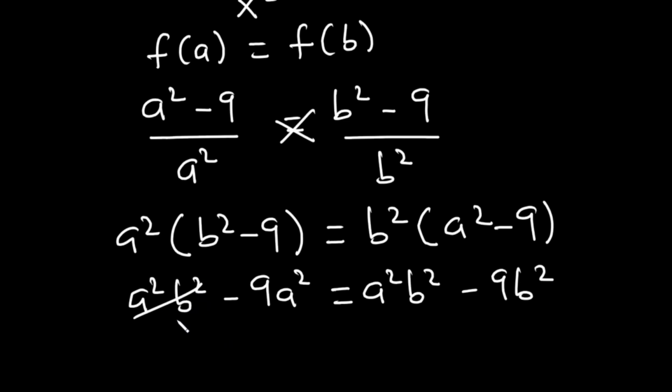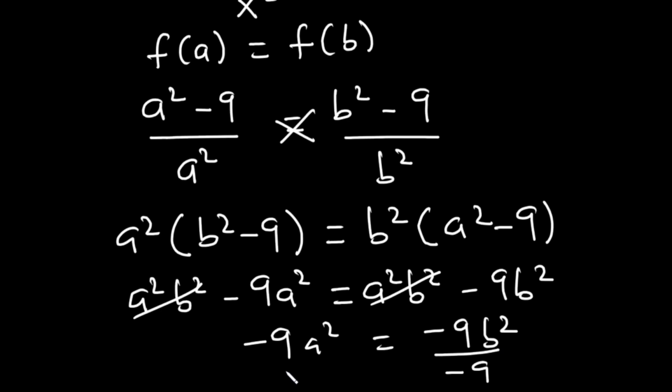A squared b squared cancels a squared b squared, and then we have negative 9a squared is equal to negative 9b squared. We can divide both sides of the equation by negative 9, and then we have a squared is equal to b squared. To do away with the exponent, we introduce square root.